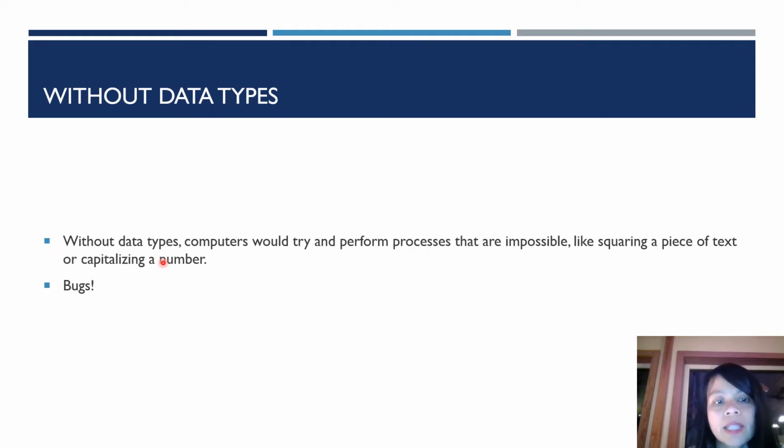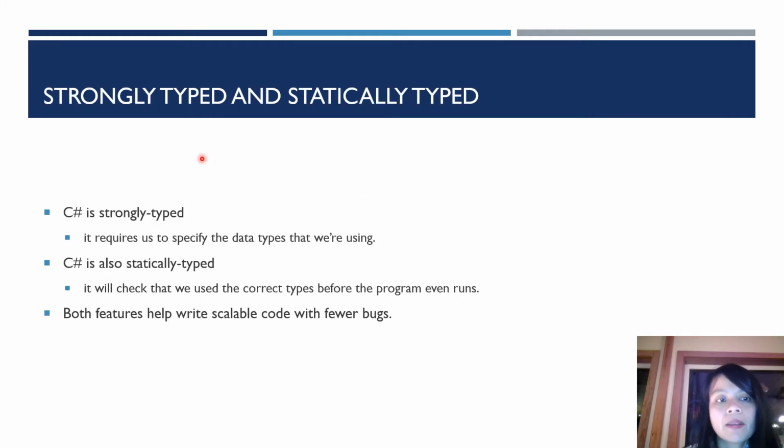Okay, so without data types, computers would try to perform processes that are impossible, like squaring a piece of text or capitalizing a number, and this results in bugs. So C# is strongly typed and statically typed.